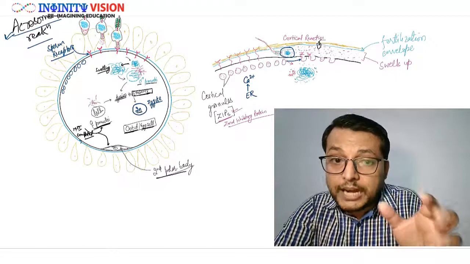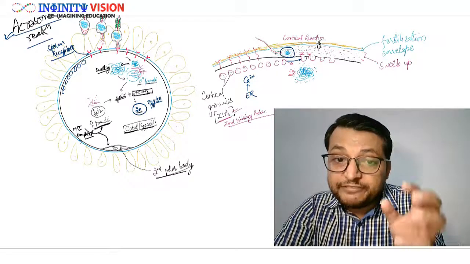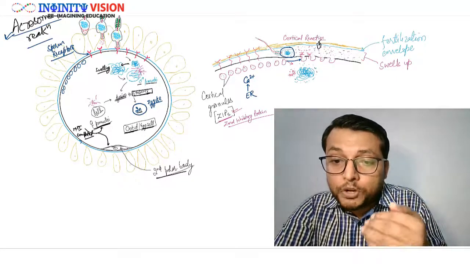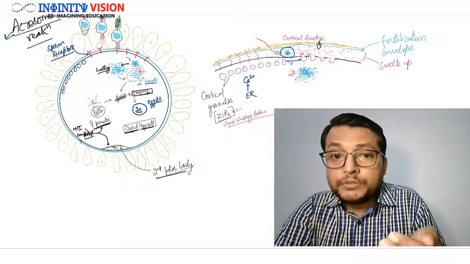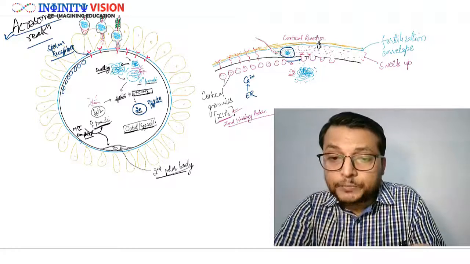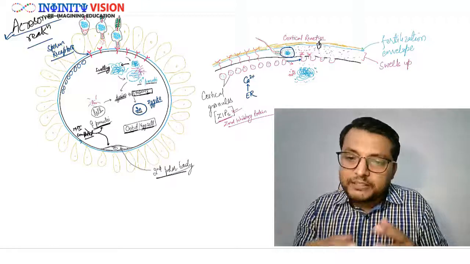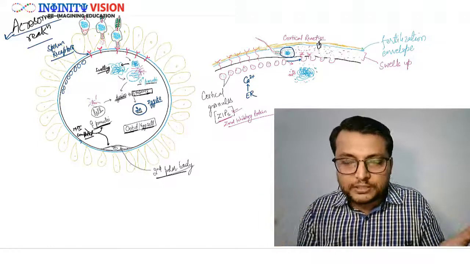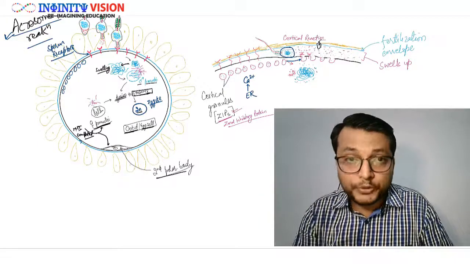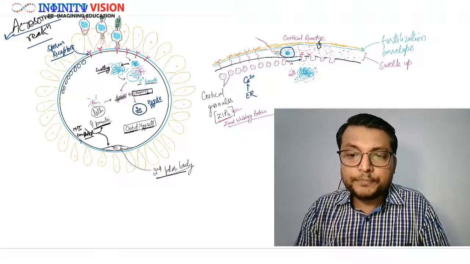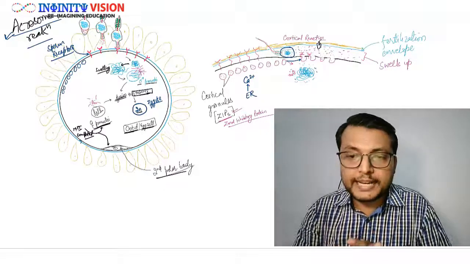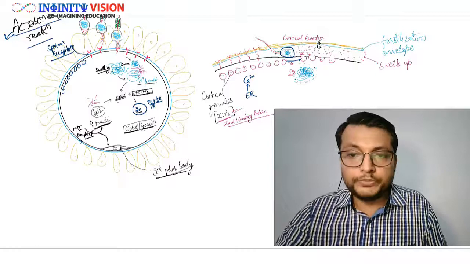We will study how this zygote will divide to form an embryo. We will look at different stages of the embryo, and then how this embryo develops into a fetus, organogenesis and the rest of the things. So stay tuned and stay safe. With that, thank you very much for being with me in this lecture.